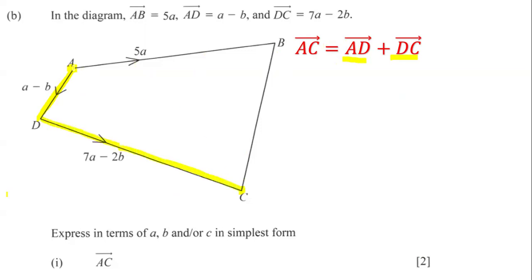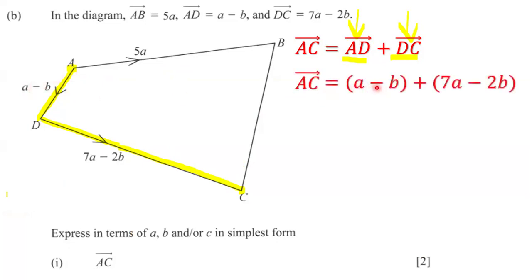And so that means that AC is equal to A to D, which we have here, and then it goes from D to C, which we have here. So AC is equal to AD plus DC. Now, what is AD? Based on the diagram, AD is equal to a minus b, so we put that in.